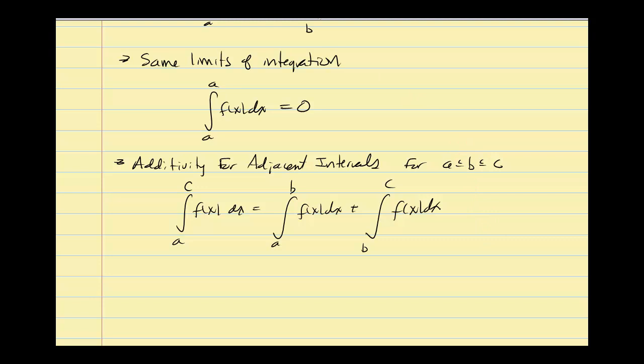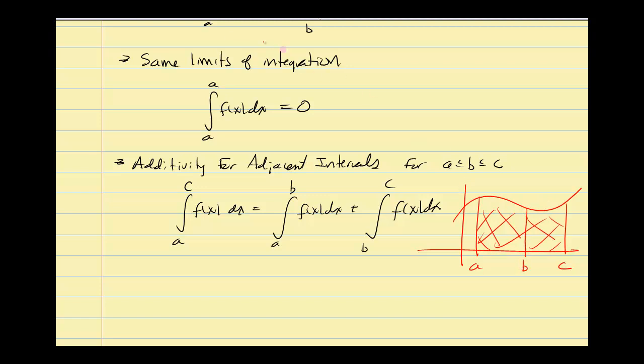So pictorially that might look like I have a curve from a to c. And if I want to find this total area, what this is saying is I can actually split it up into two pieces. I can find the area of a to b first, and then I can find the area of b to c and add them together to get my total area.